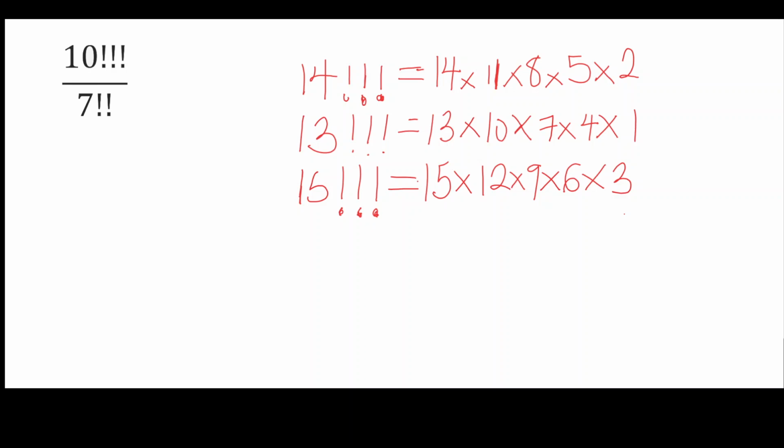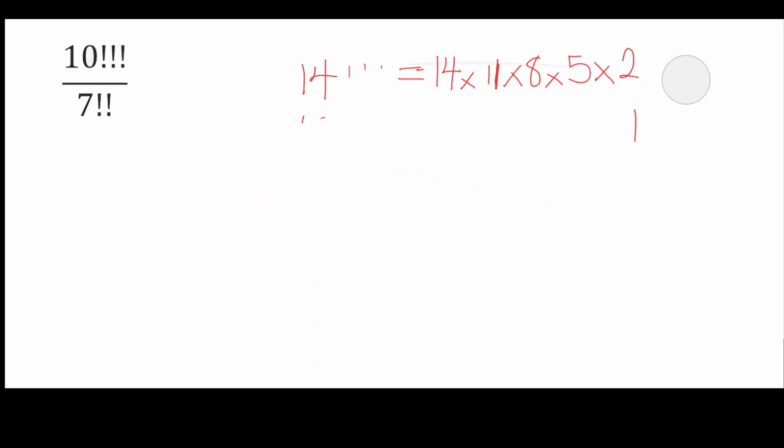So having understood how to go about double factorial and triple factorial, now let's get the question done. So we have 10 triple factorial. 10 triple factorial is going to be equal to 10, then multiplied by 7, because when I subtract 3 from 10, it's going to give me 7.